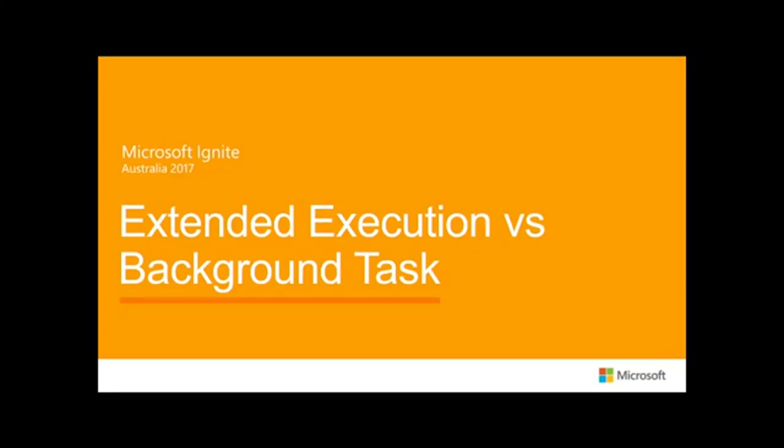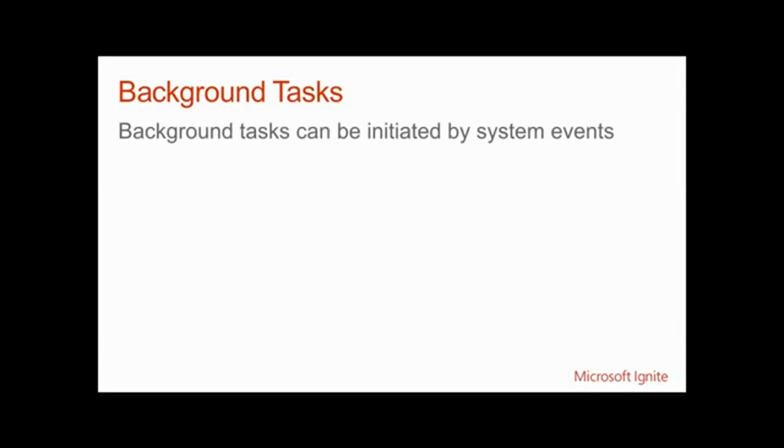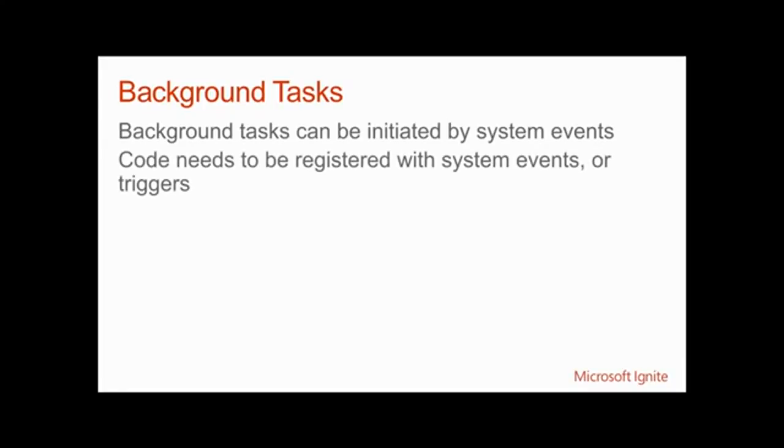So let's take a look at a full-on background task as opposed to the extended execution. A background task we can attach to a system event. We need to write the background task class in such a way that we can register it with system events or triggers.